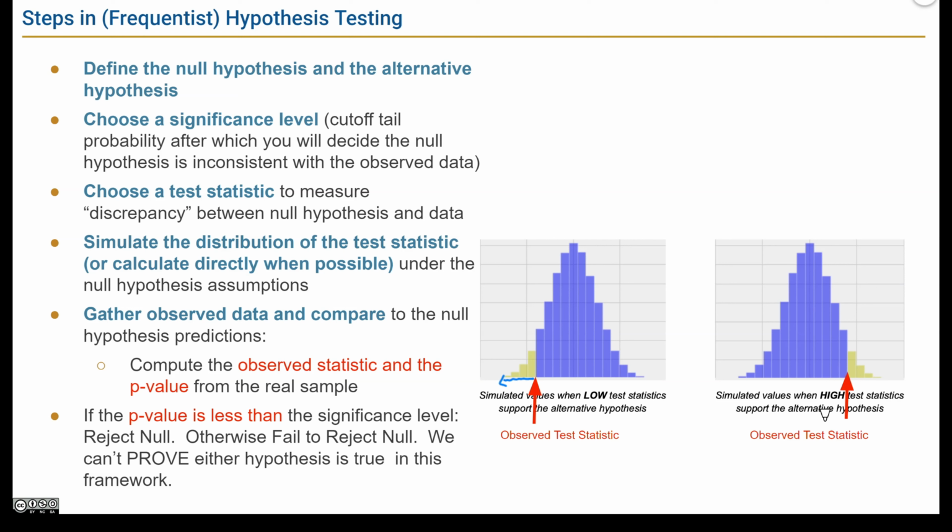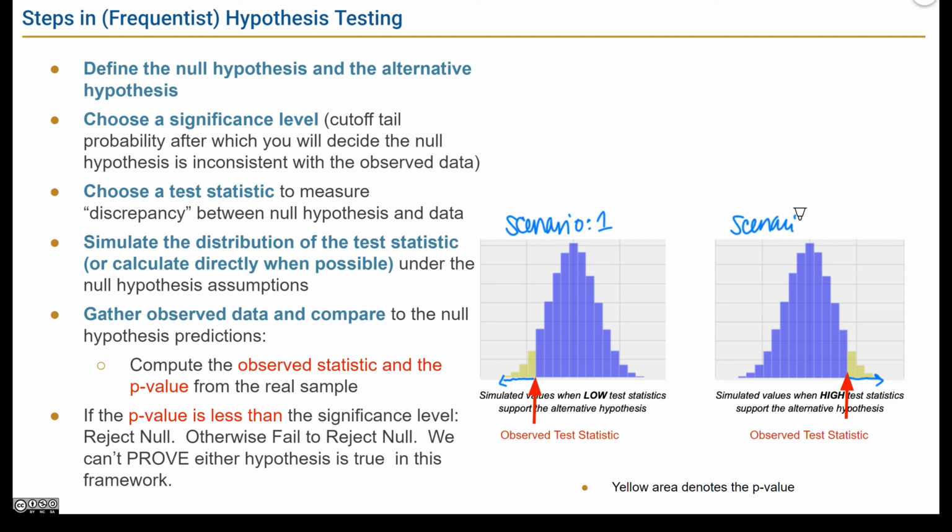In contrast, if we have a situation where high test statistics support the alternative, then we start at the observed test statistic and look to the right. At the end of the day, the yellow area here denotes the p-value. So these are two different scenarios, with two different test statistics and basically two different alternatives.